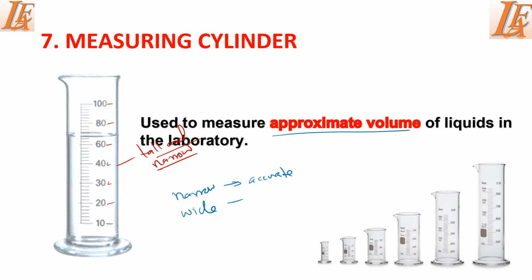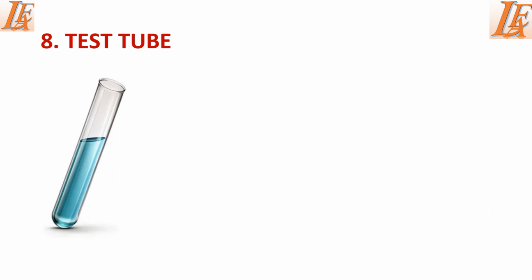If you have a wide instrument, it's less accurate. So in this case, this measuring cylinder is more accurate than a beaker and a conical flask. However, it's very important to note that it is less precise than the first 4 instruments that we discussed. That was a burette, a pipette, a syringe, and a volumetric flask.